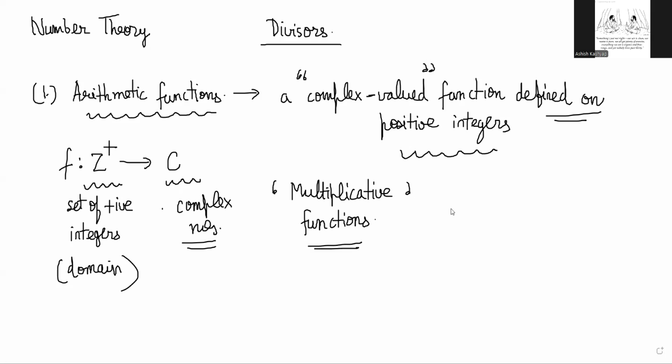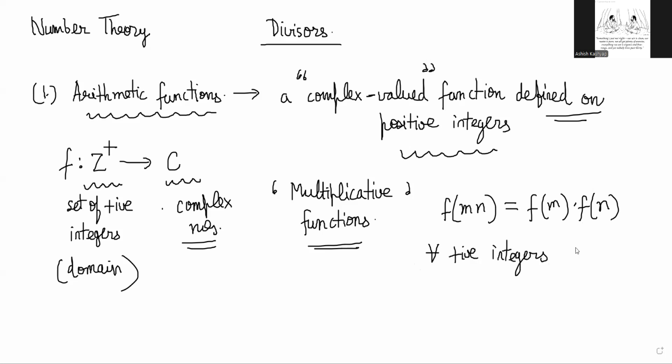What that means is f of mn should be equal to f of m times f of n, for all positive integers m and n. And here, GCD of m and n should be 1.